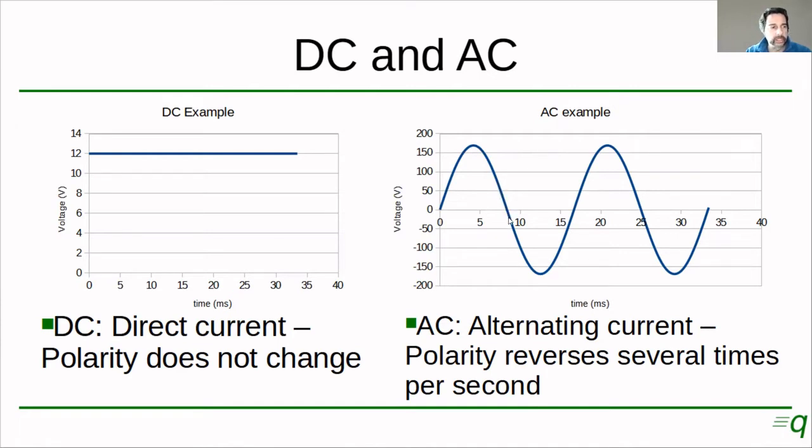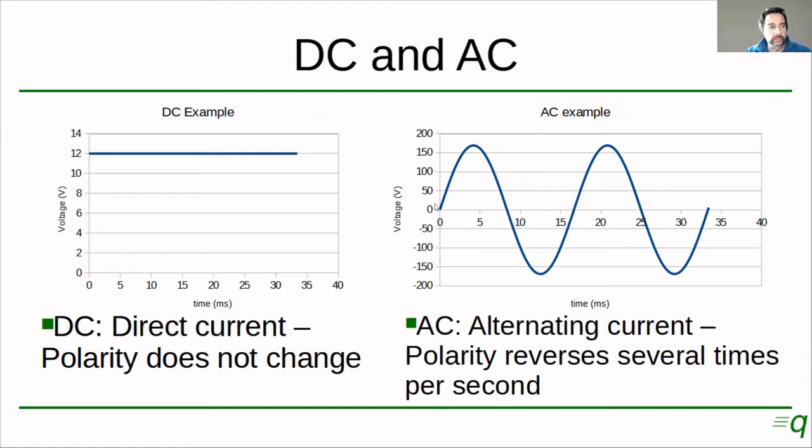And a few milliseconds later, polarity reverses and it changes from positive to negative. That means if A was positive and B was negative, now A is negative and B is positive. So once polarity reverses, voltage keeps increasing until a peak of 170 volts, again negative, and then it will go back to 0.